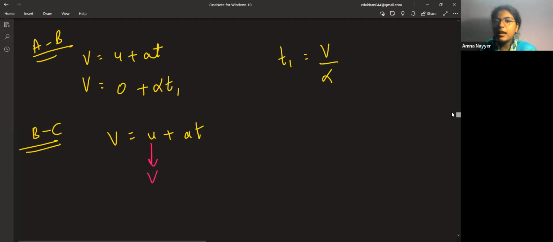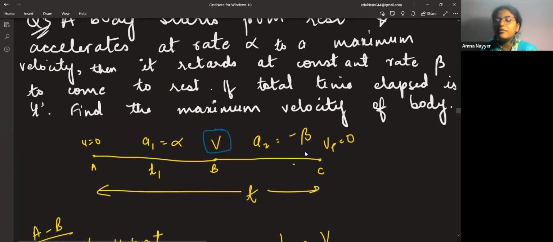Now, Siddiqa, among this segment, what is the final velocity? B to C, final velocity. I have written it also on the screen. Siddiqa, if you're present, look at the screen from B to C. Which is the final velocity which you can observe?